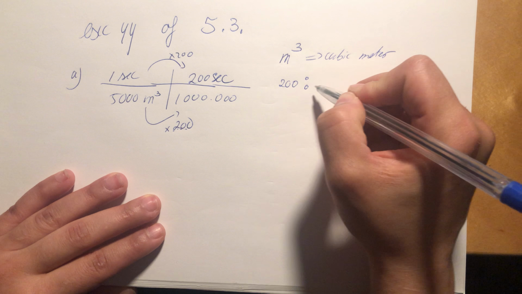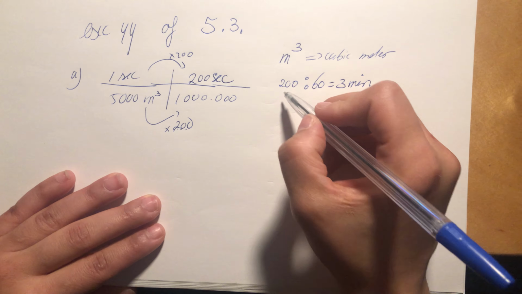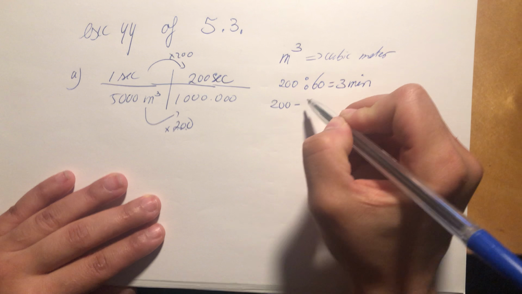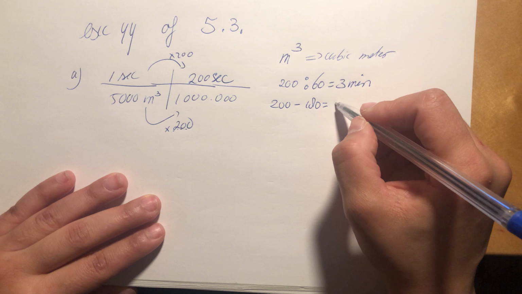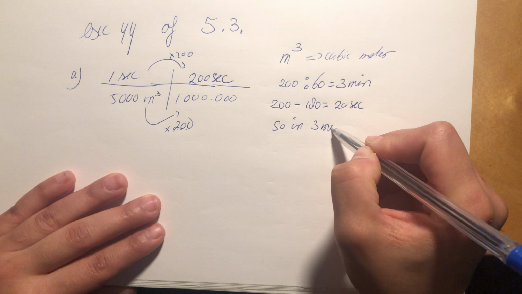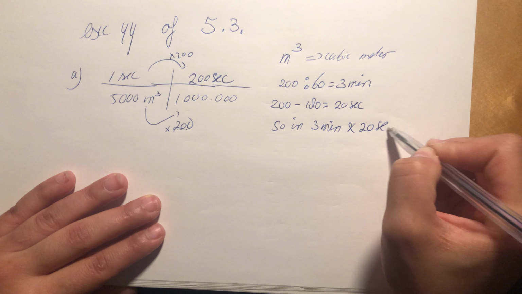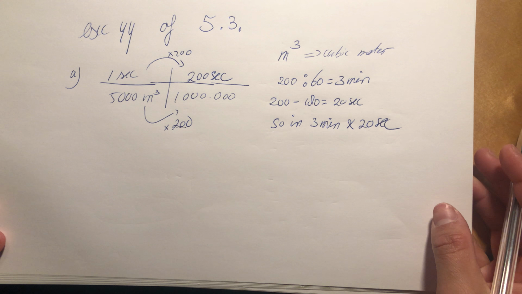Well, 200 seconds divided by 60 will give you 3 minutes, because 200 minus 180 is 20 seconds. So it takes 3 minutes and 20 seconds for 1 million cubic meter of water to fall down.